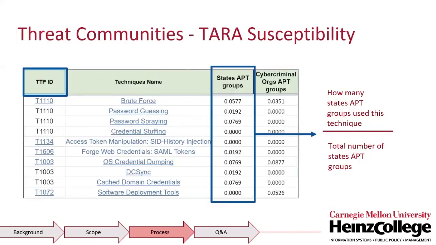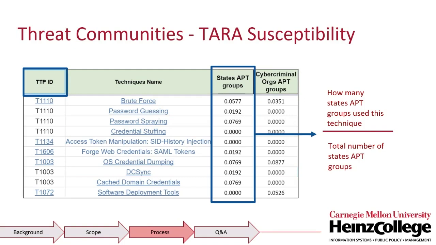And then we calculated the TARA susceptibility for each tactic and technique for each threat group. This was done by dividing how many threat communities use a specific technique by the total number of groups that were identified by MITRE. We then used open source intelligence reports, such as the Verizon Data Breach Report from 2020, to estimate how many attacks are performed by state-sponsored groups and cyber criminals in a given year.